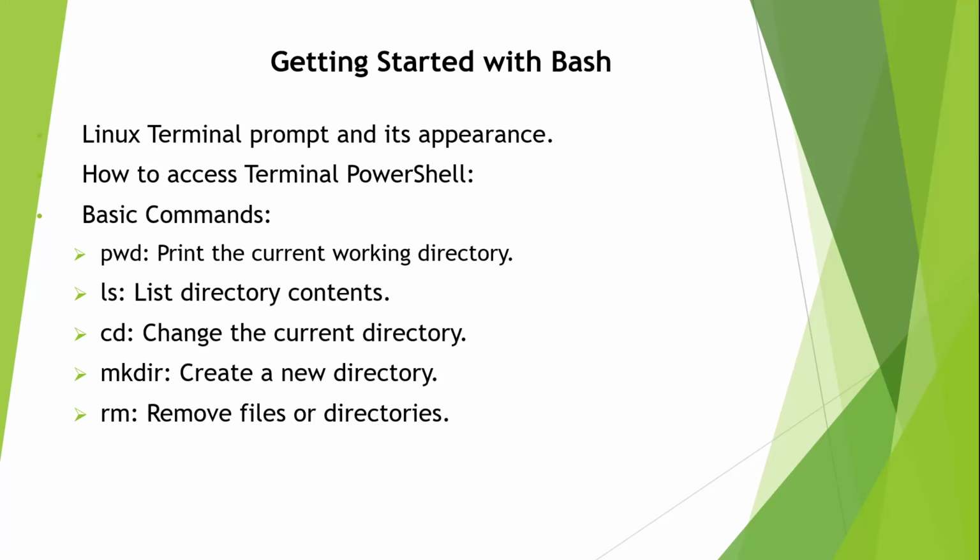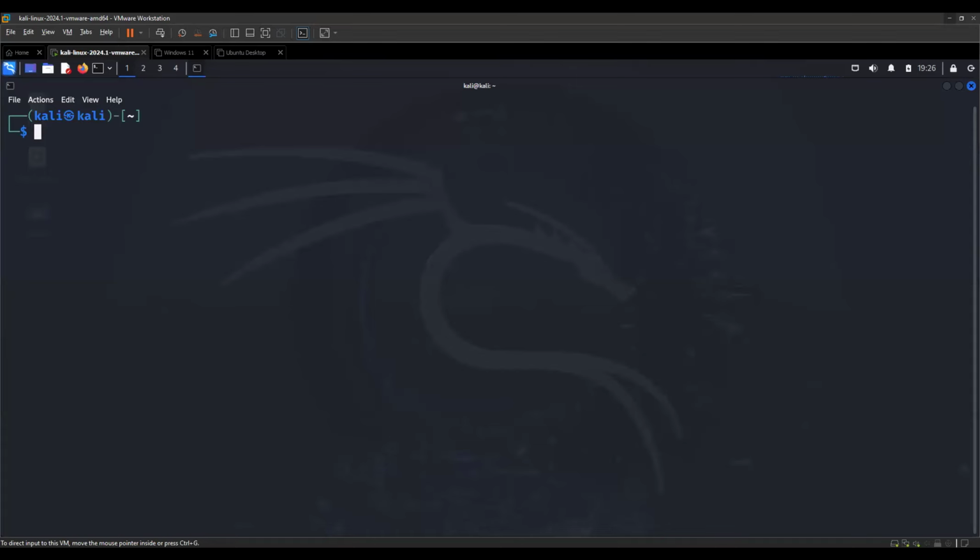You need to be familiar and comfortable with using the terminal. So what the pwd command does is that it prints the current working directory for us. And to see that in action, like I said, we need to practice this ourselves.